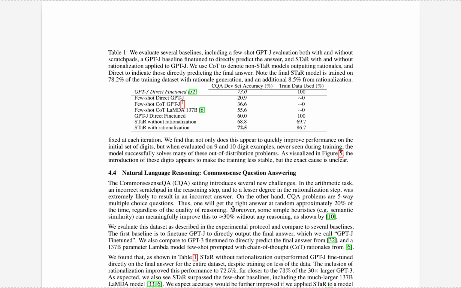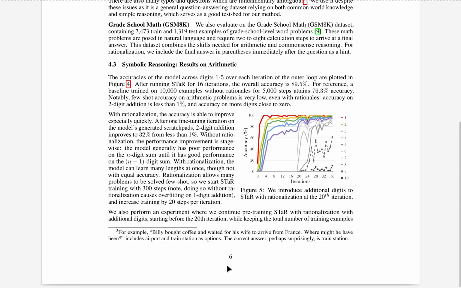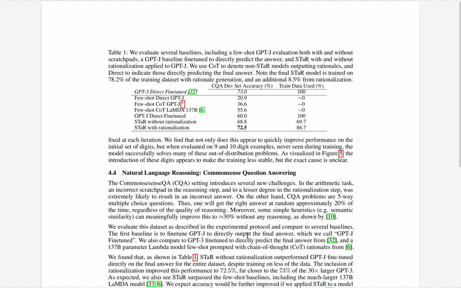It outperforms STaR without rationalization, GPTJ direct fine-tune, and few-shot COT LaMDA. We also perform an experiment where we continue pre-training STaR with rationalization with additional digits starting before the 20th iteration, while keeping the total number of training examples fixed at each iteration.